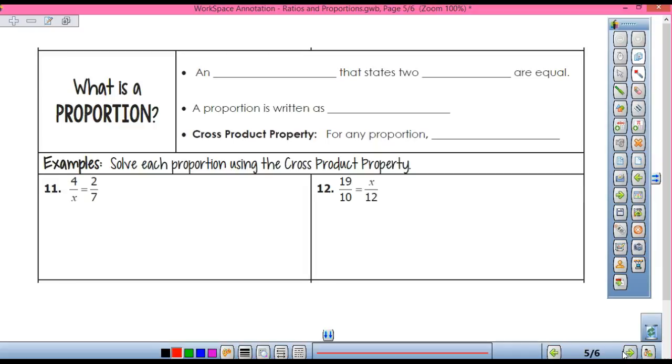All right, so let's have proportions. Proportions aren't bad either. Proportions are an equation that states two ratios are equal. They are written as A over B equals C over D. Anybody remember how we solved these?